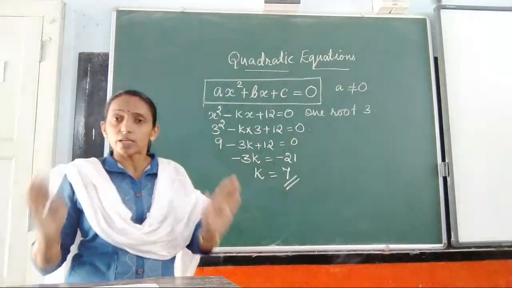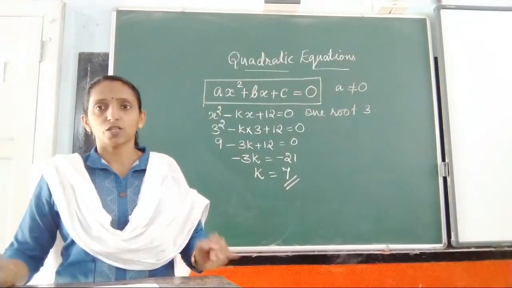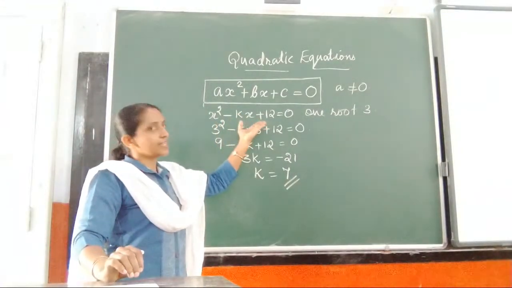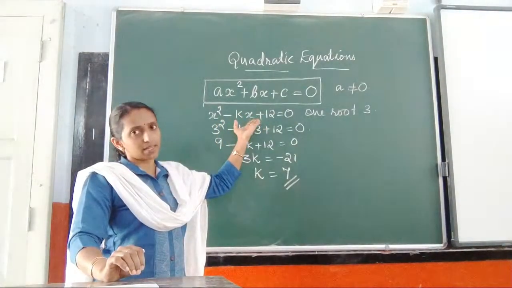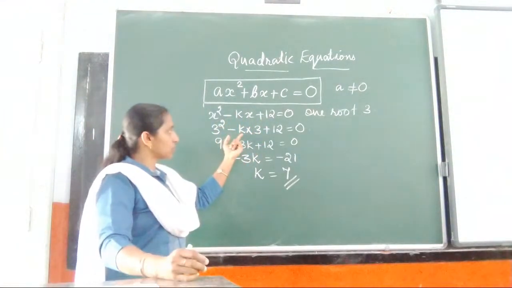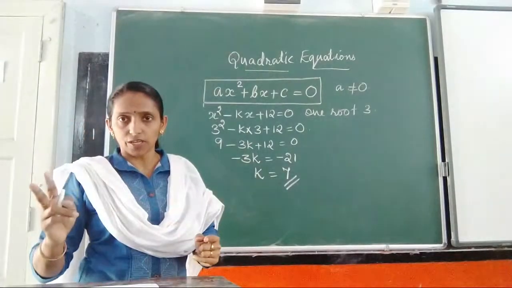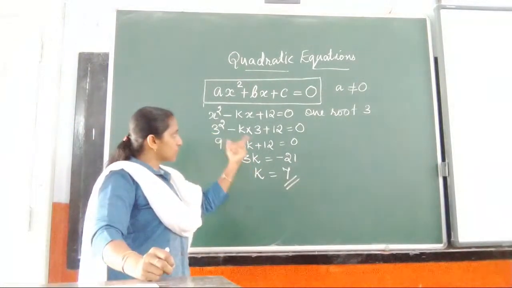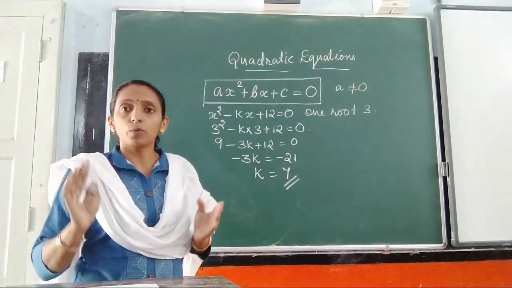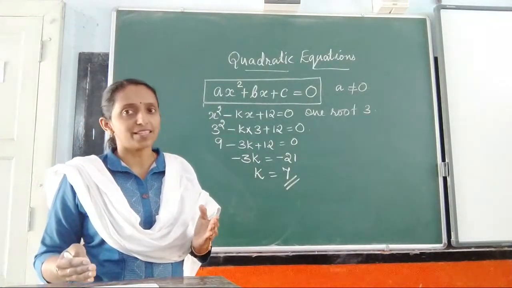If both the roots are given, then there will be two unknown quantities in the given quadratic equation. Then what will you do? You will substitute the first root and take it as the first equation, substitute the second root and take it as the second equation, and simplify both simultaneously.